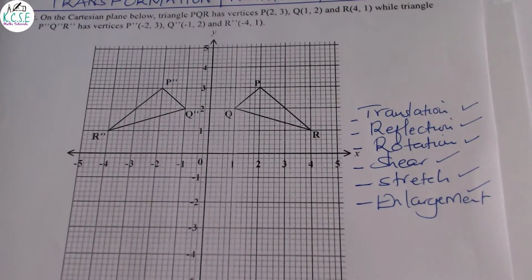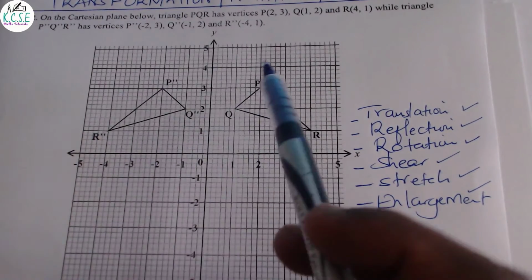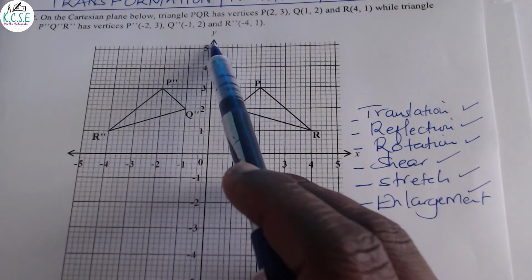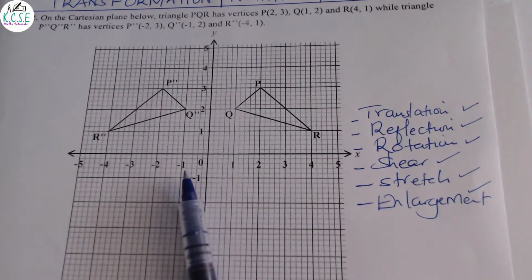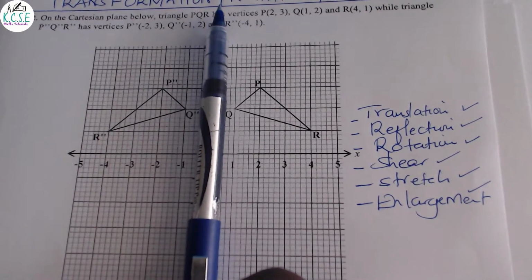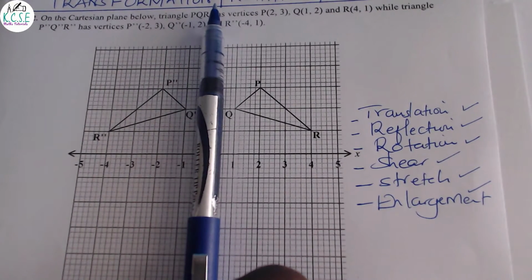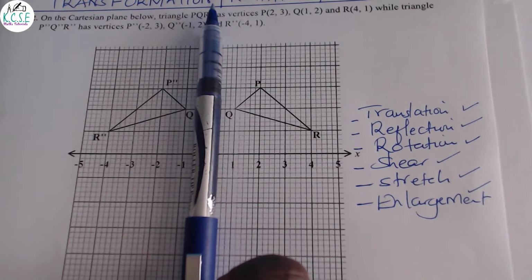So the type of transformation whereby we have this distance, this line will be the mirror line. When you look at this, you notice that this one is a reflection in the sense that the mirror line is here. That is why you can see the object points and the image points are directly opposite that line.